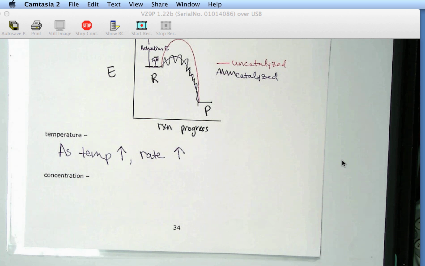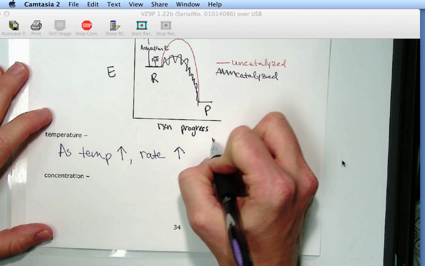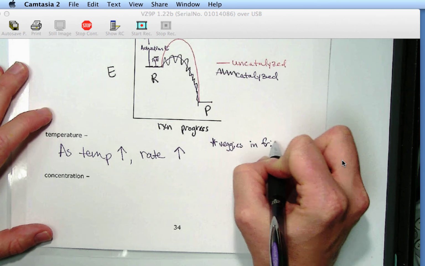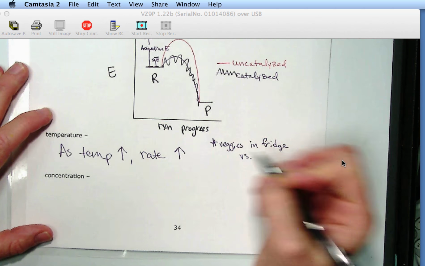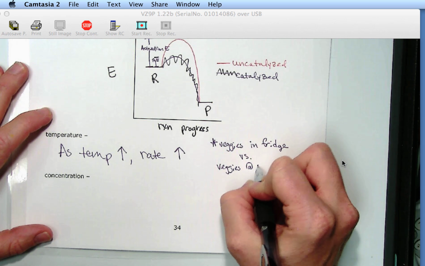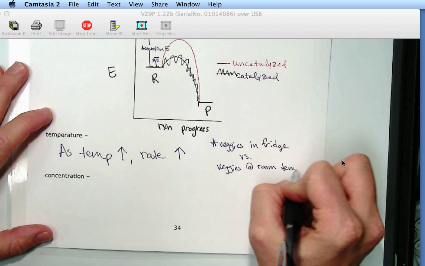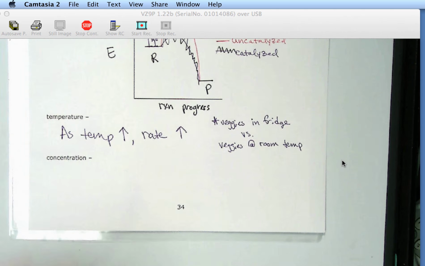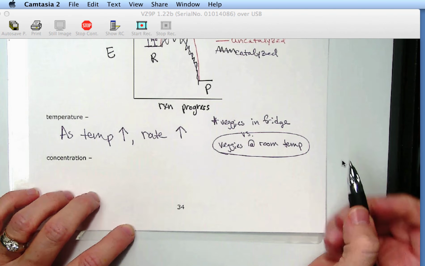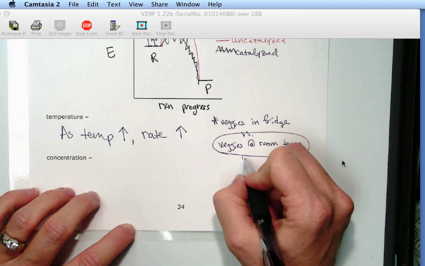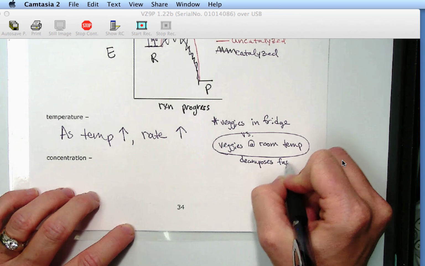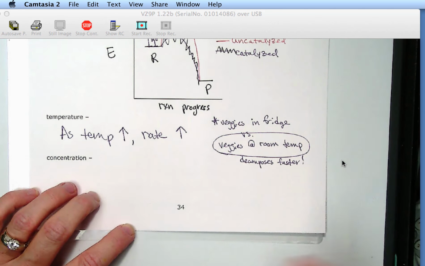So veggies in fridge versus veggies at room temperature. So this decomposes faster, has a faster rate of decomposition.